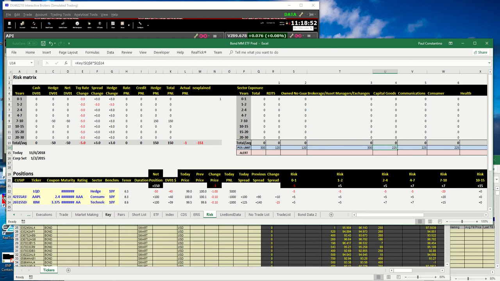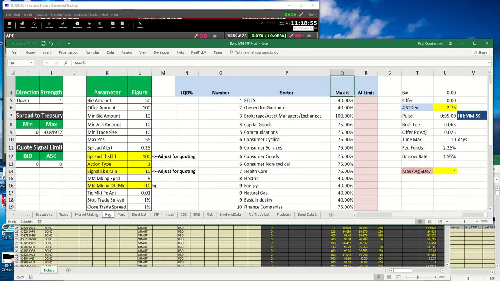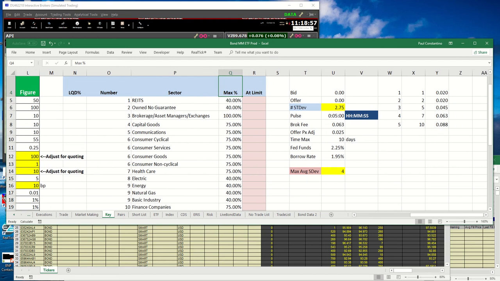Going back to the key inputs, there are also inputs for volatility. So I look at standard deviations, and I have associations for value-based trading and mean reversion trading for standard deviations.